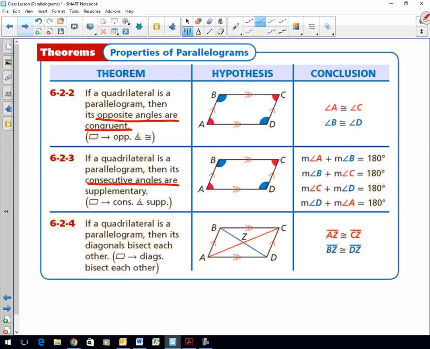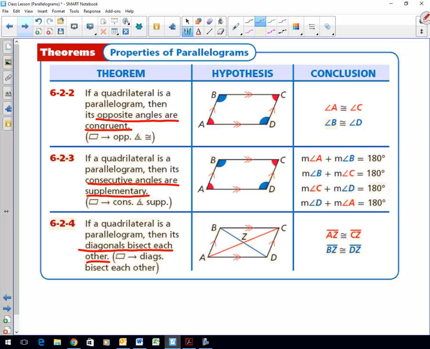Consecutive angles are supplementary. We'll talk about what that means in a second. And the diagonals bisect each other. Add that to your checklist. You should have 5 things on your checklist.